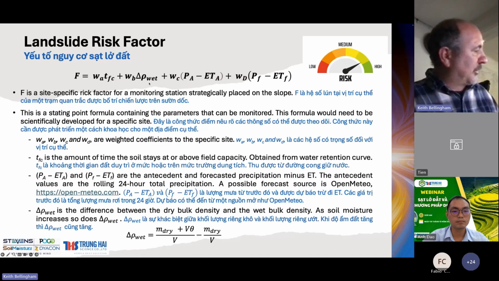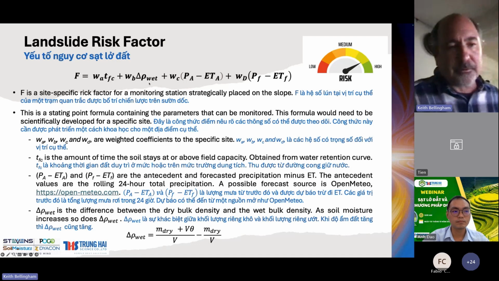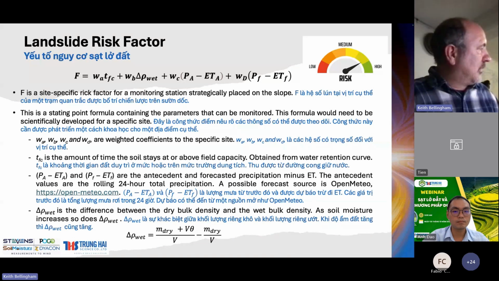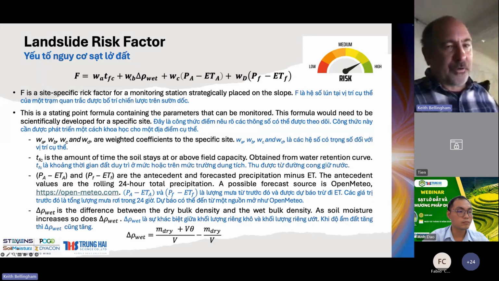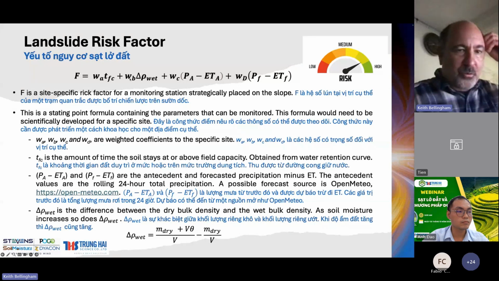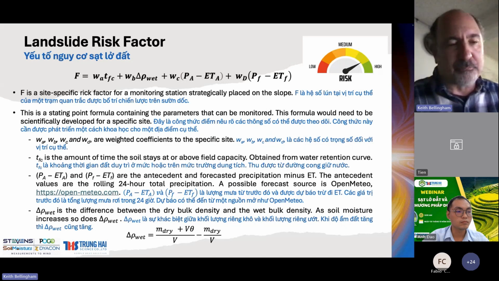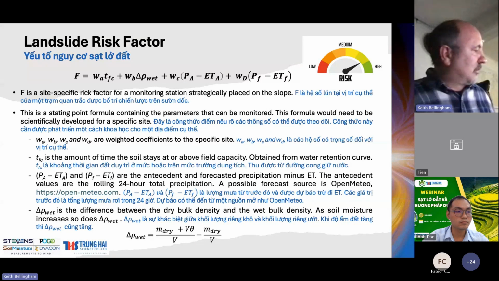It's not going to tell you what time of day the landslide is going to occur. It's just a risk assessment. The first thing about this equation is that it has weighting coefficients. So it depends on how you adjust these weighting coefficients to assign how important a particular parameter or a particular component of this equation is in the overall calculation of the factor.